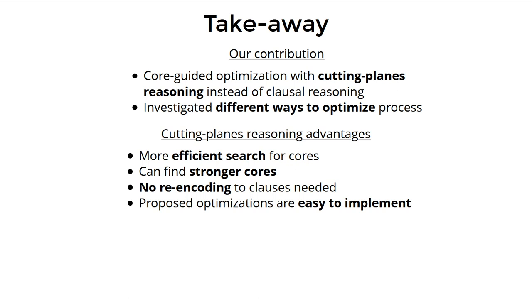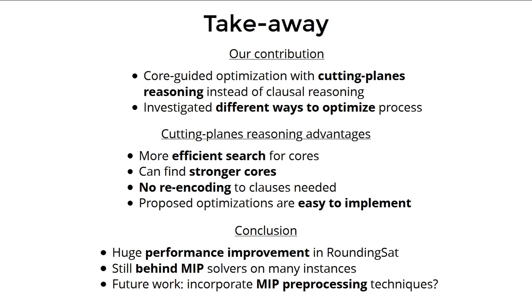Doing so, we observe a significant performance improvement in RoundingSat, though there still is a performance gap with the MIP solver SCIP. Looking into SCIP's preprocessing techniques seems interesting future work in this regard.